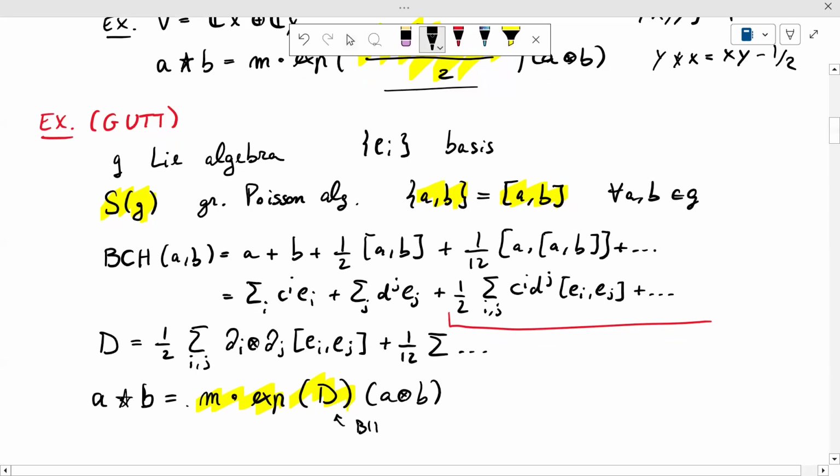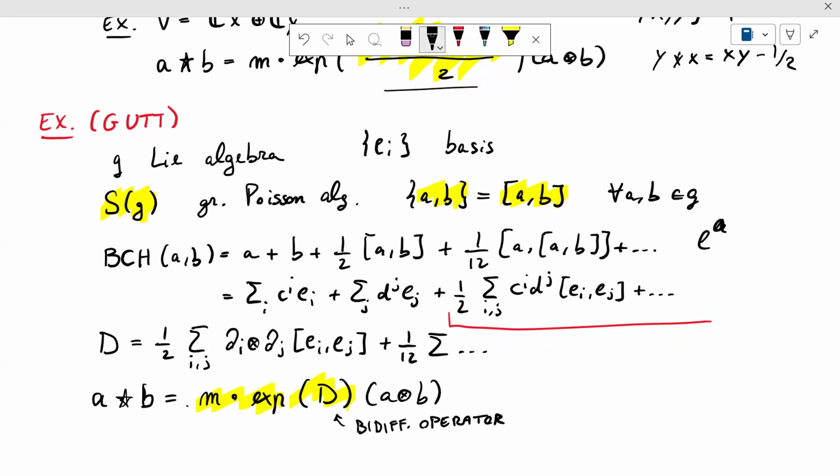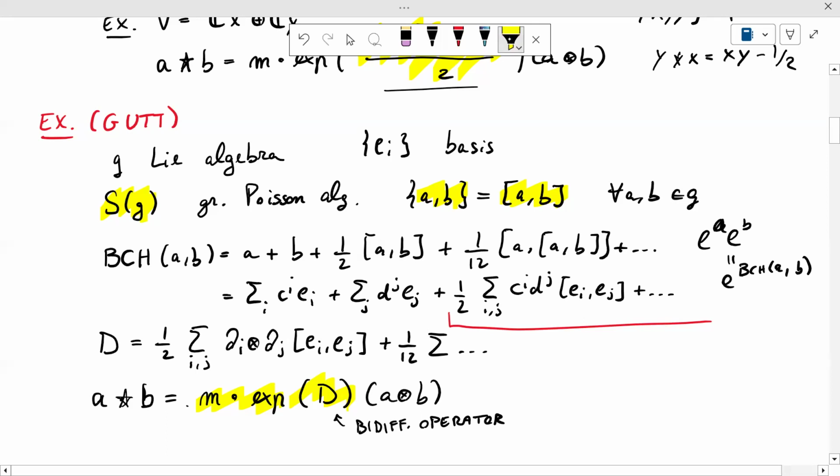Again, we have our bidifferential operator. The Baker-Campbell-Hausdorff formula is this formal series here, the formal expression that solves this equation. To get the bidifferential operator from this formula, we write it in terms of the basis. So we get here all the coefficients, and then we just consider this part here.